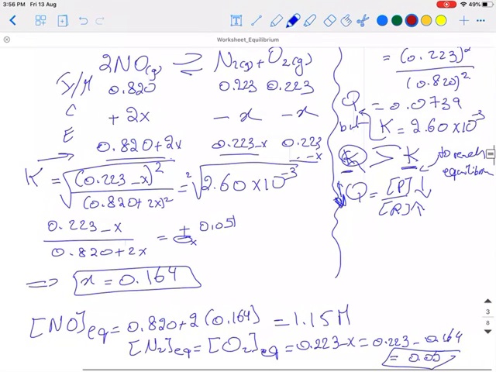And like this, we solved this problem. So 1.15 is for NO, and 0.059 molar for each of N2 and O2.